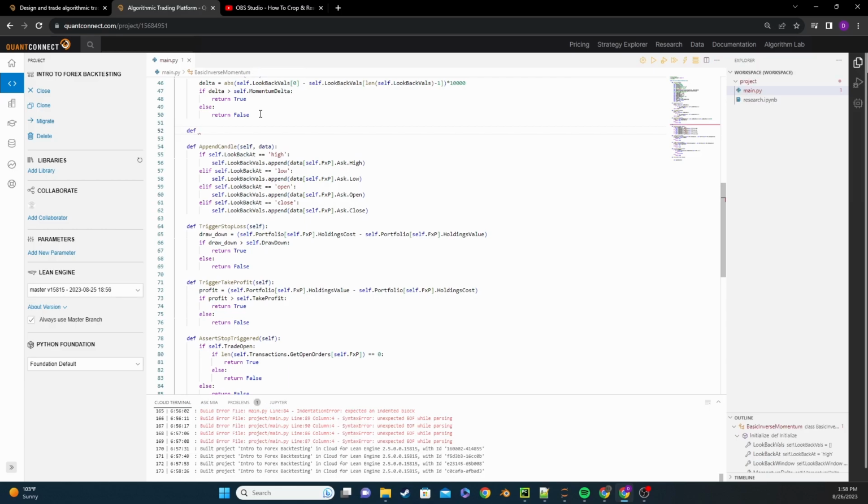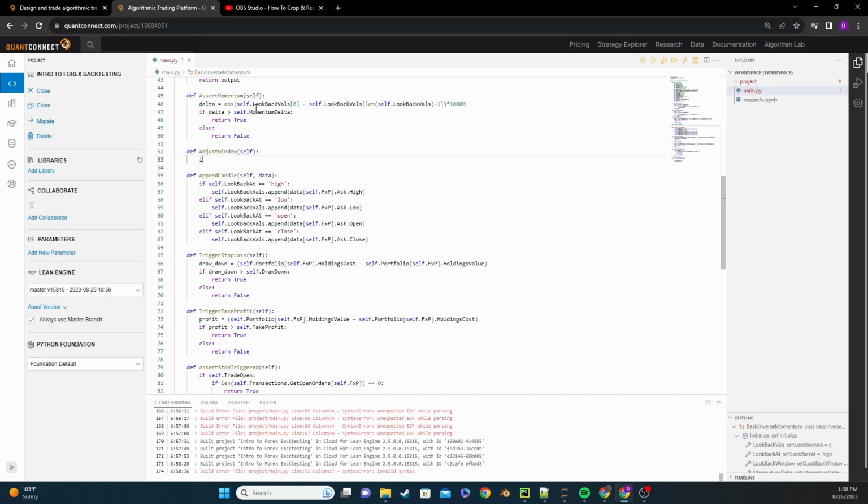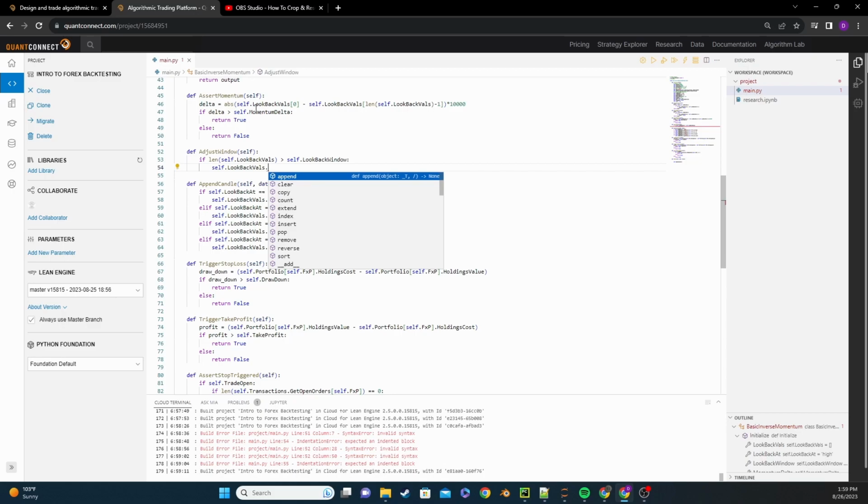So let's just do that in a def, and we're just going to say adjust window self.